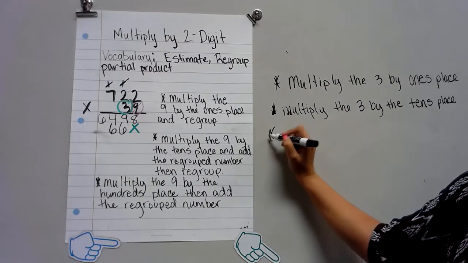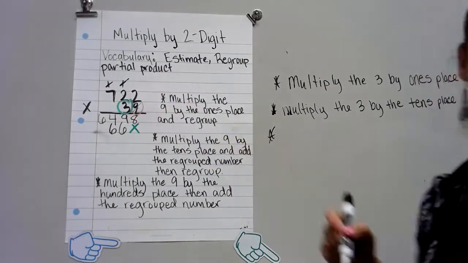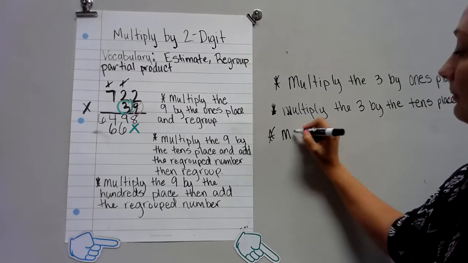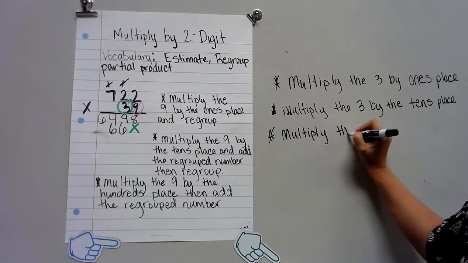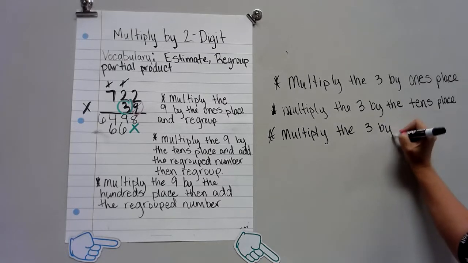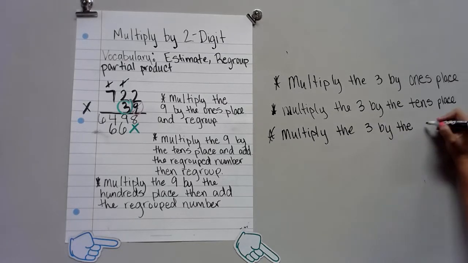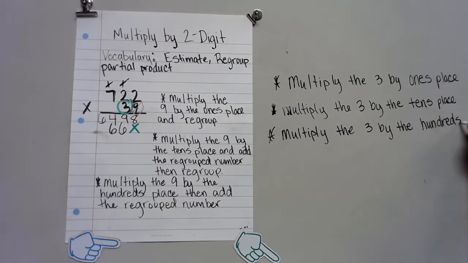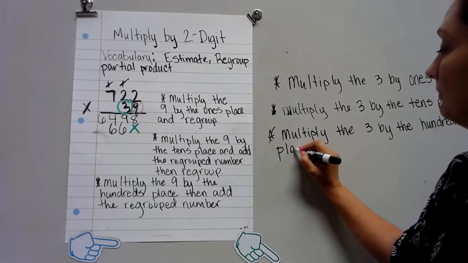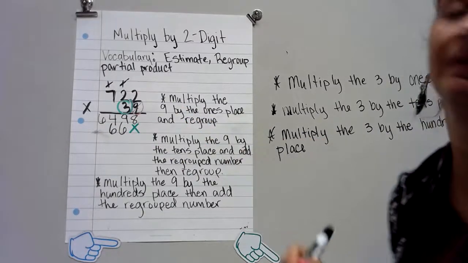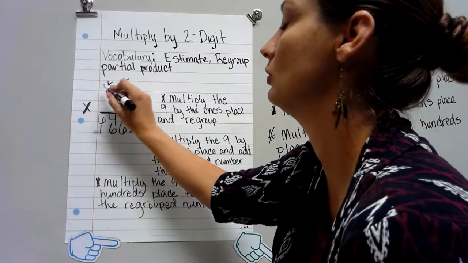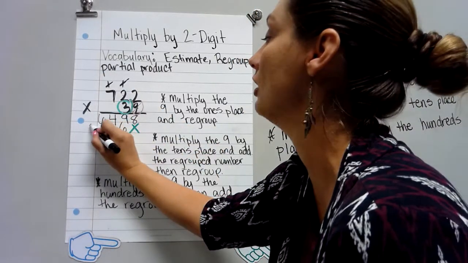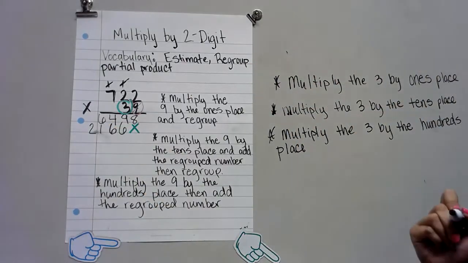Then my next step is going to be to multiply the 3 by the hundredths place. So 3 times 7 is 21. I put the 1, again, that 2, if I had a number there, I would regroup it, but I don't, so it just goes right here, 21.